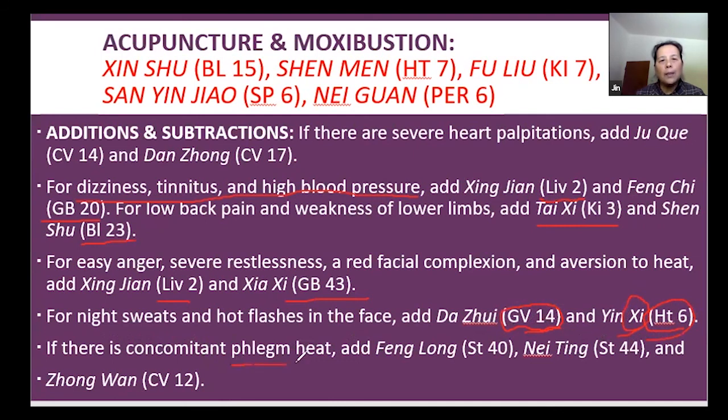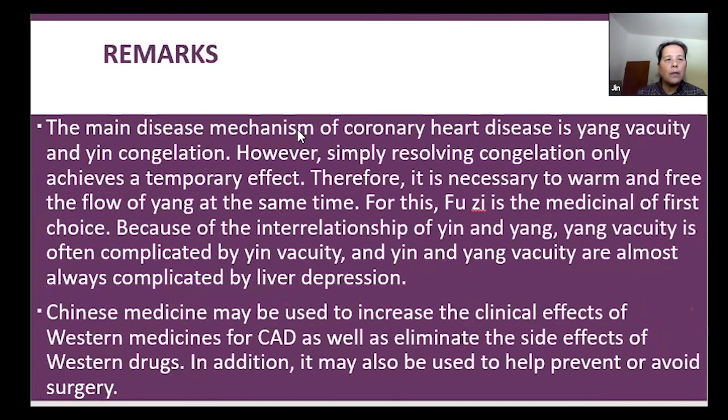And for phlegm heat, Stomach 44, and Stomach 40 especially for phlegm, 44 for clearing heat. And 人中 regulates the middle. So that's basically the manipulations for the points here.